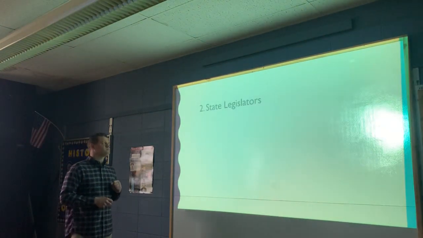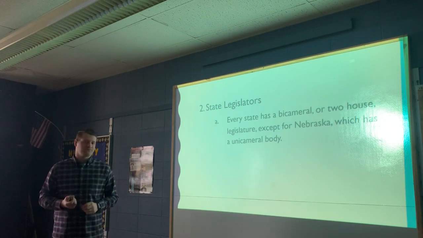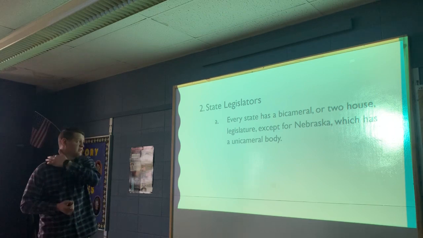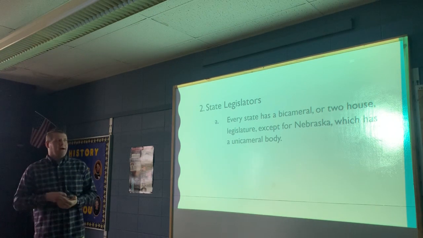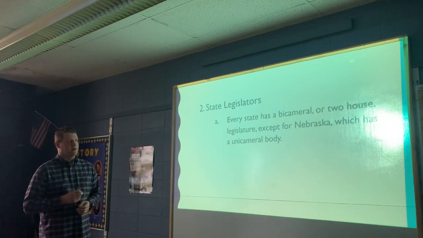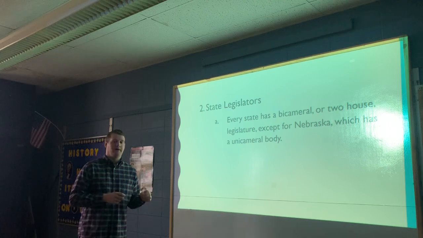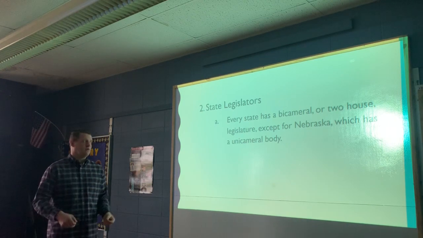There's new notes. Number 2, write this down, the state legislators. Letter A, every state has a bicameral or 2-house legislator except for Nebraska, which has a unicameral body. So 49 of our states have a bicameral legislator.